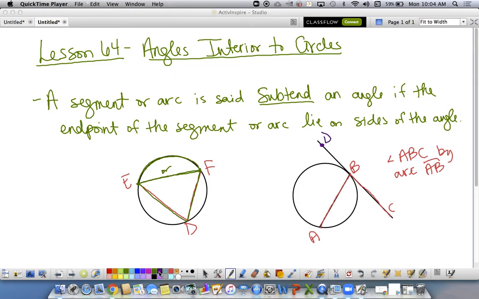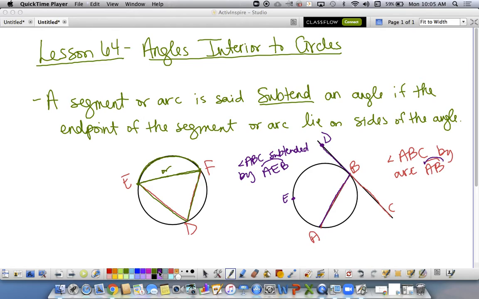I'll name it D. We could have angle ABD is subtended by, if it's a major arc, I need 3 letters, by arc AEB. Remember your arcs. 2 letters is a minor arc, like over here, AB. 3 letters is a major arc, meaning more than 180 degrees.